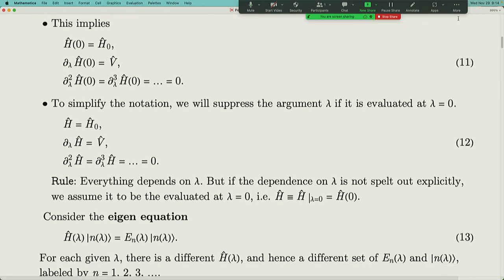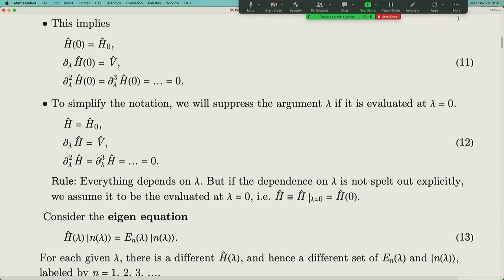So in order to simplify the notation, you can see that I need to keep evaluating either my operator and its derivative, or any orders of derivative of my operator, at the point lambda equals 0, or maybe later we want to evaluate derivatives of the energy eigenvalues or eigenstates also at lambda equals 0.